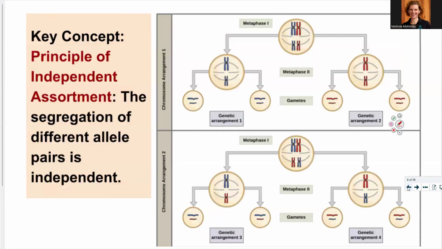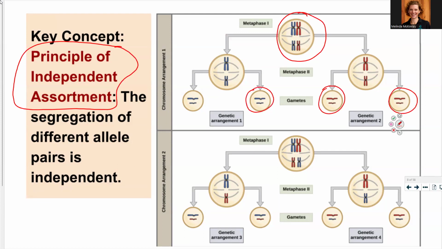Independent assortment was really covered when we talked about meiosis, but it is about the fact that the segregation of these pairs of chromosomes is independent of each other. So depending on how they line up initially, you're going to have different final possibilities. In this case, you can see one parent shown in blue, both of the chromosomes from that parent over here on the left, and both of the chromosomes from the other parent in red on the right, and that's going to result in the genetic arrangement shown at the top.